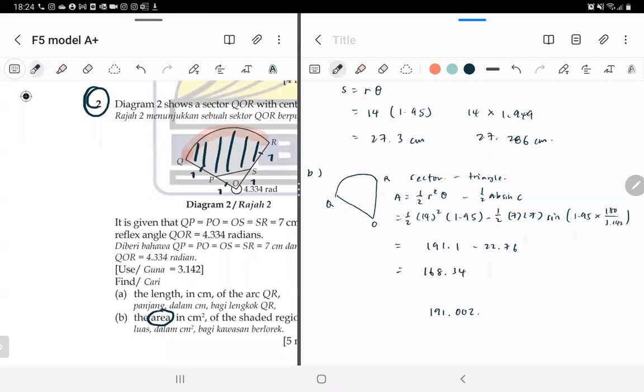Yeah, I used 1.95. I don't know why my calculator wants me to use that. Let me double check one thing.